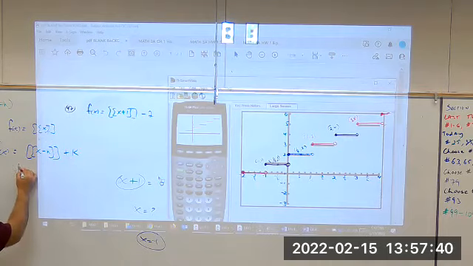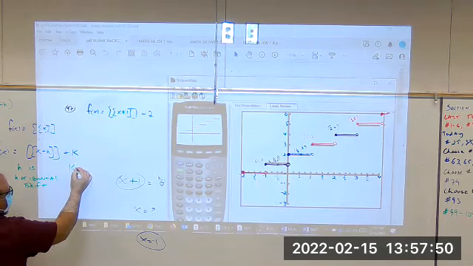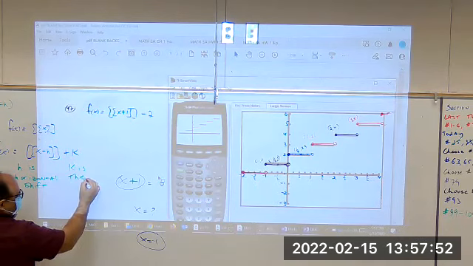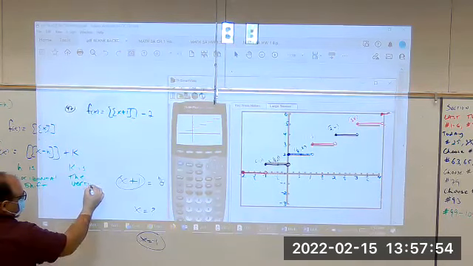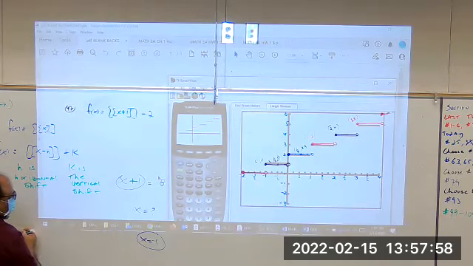And the h is the horizontal shift, left and right of the graph, and k is the vertical shift, up and down. Inside, x minus, you do the opposite sign for the h.